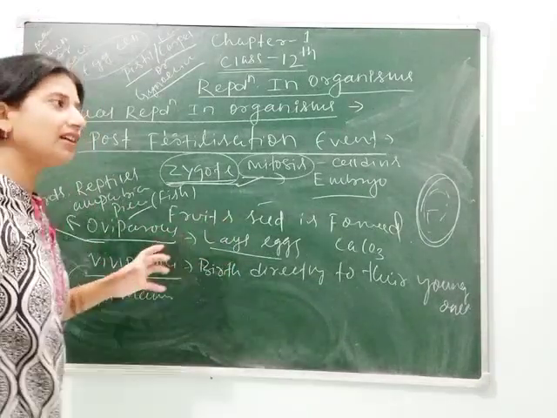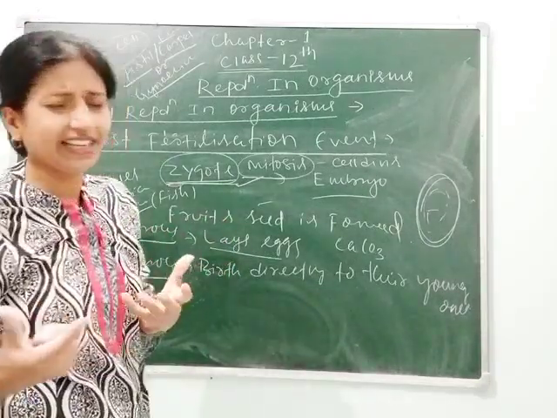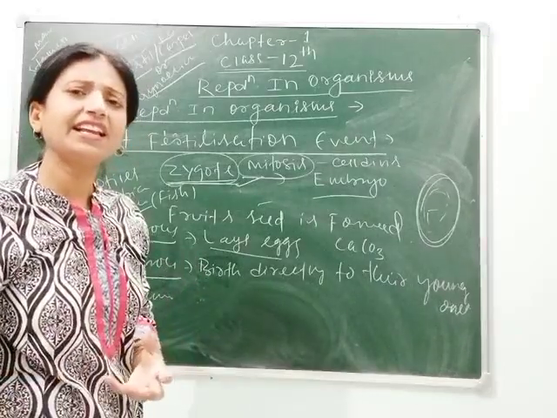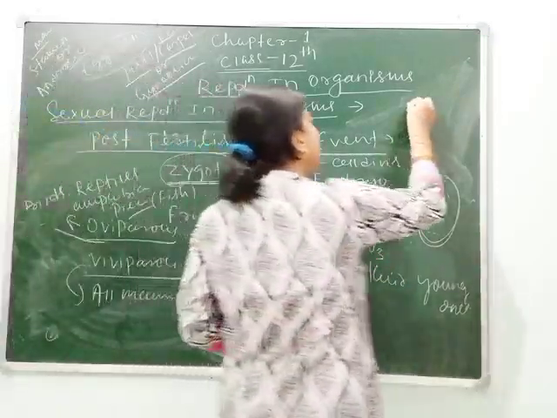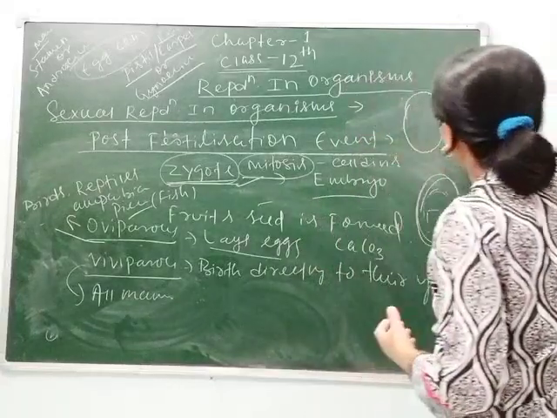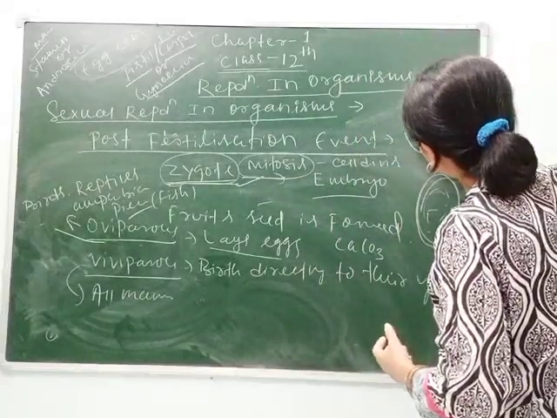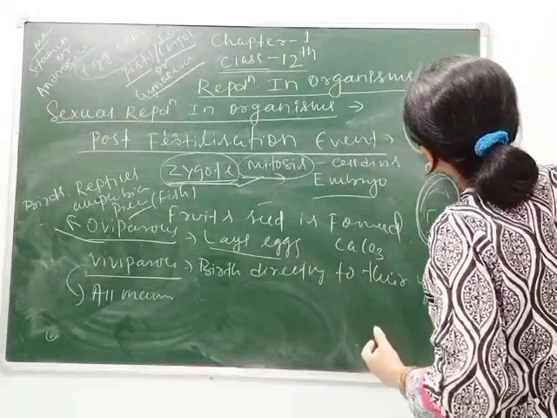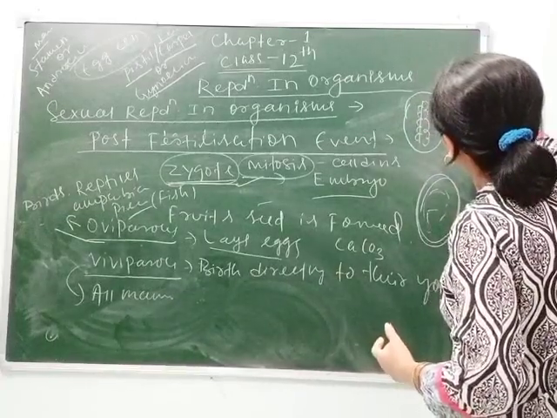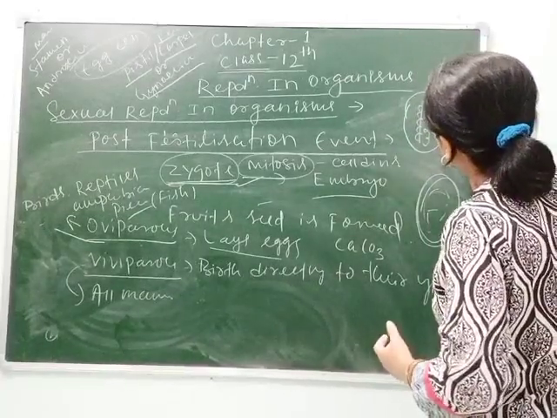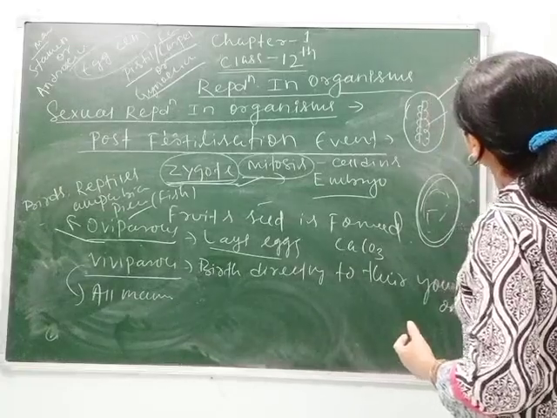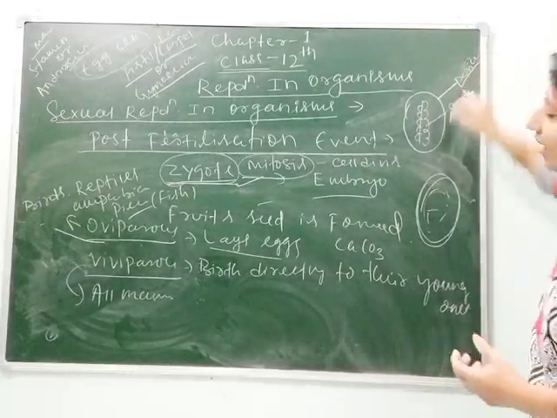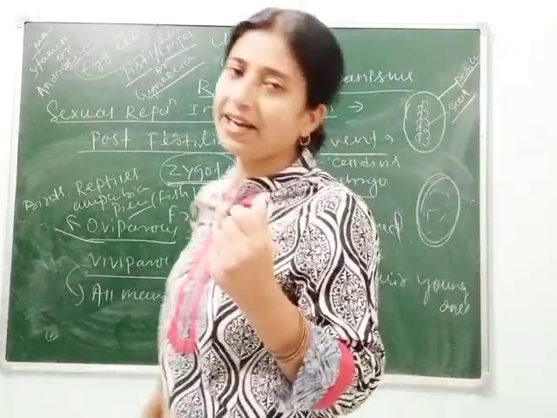Next, let's see what happens in the case of plants. The fruit is formed, and inside it the seed is formed. This part is called the pericarp, and this is called the seed. In different fruits we can see the pericarp and seed. The pericarp is the outer layer of the fruit.